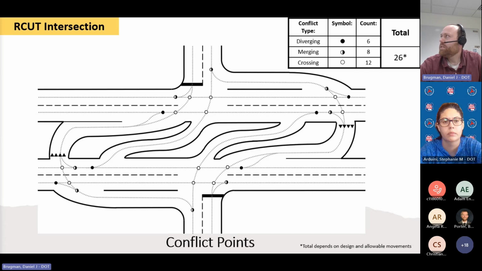We went from 24 crossing conflict points to 12 or less, depending on the presence of turn lanes and everything. Without those more serious conflict points, where crashes could often lead to angle types, that's where we're seeing some of the most safety benefit.